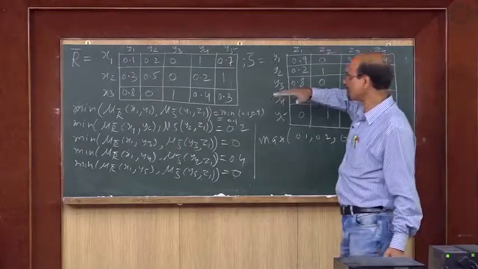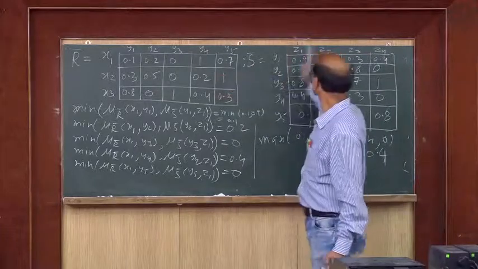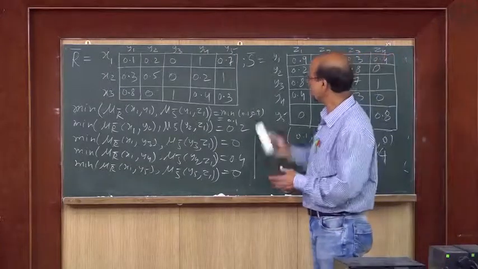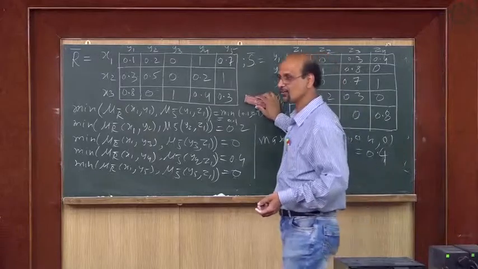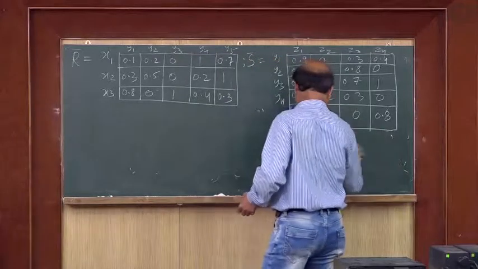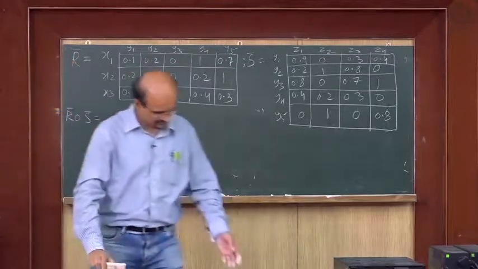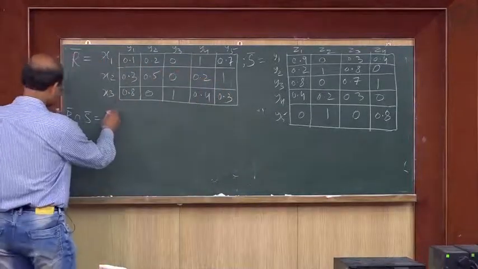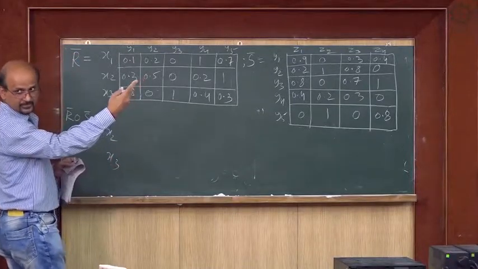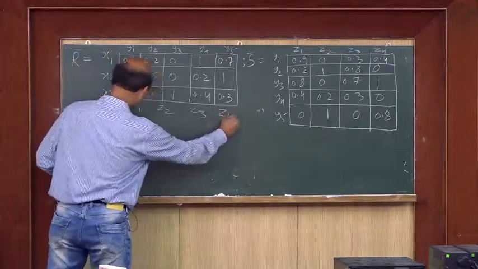Understood? For the second row, you will have second row, first column, second row, second column, second row, third column, just as you do in matrix multiplication. So I am writing the solution directly. Okay. So you can complete that and you will have R dot S. You can tell me x1, x2, x3, it will be from x to z, so that is your z1, z2, z3, z4.